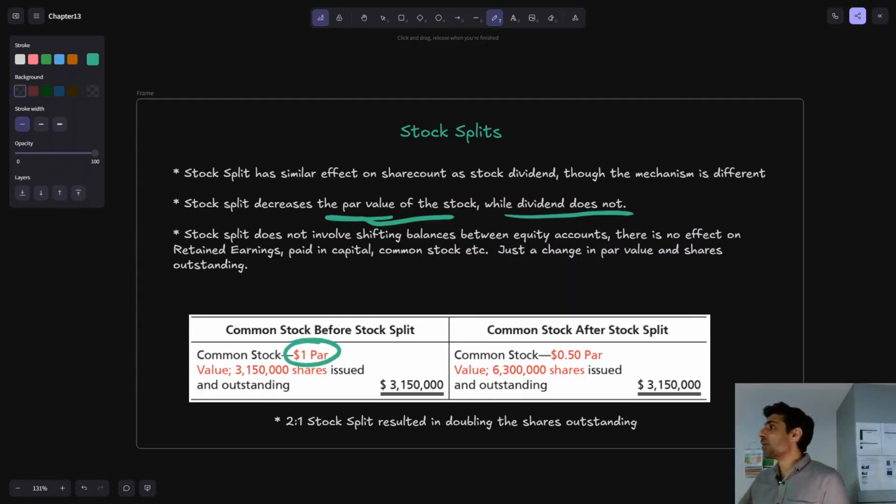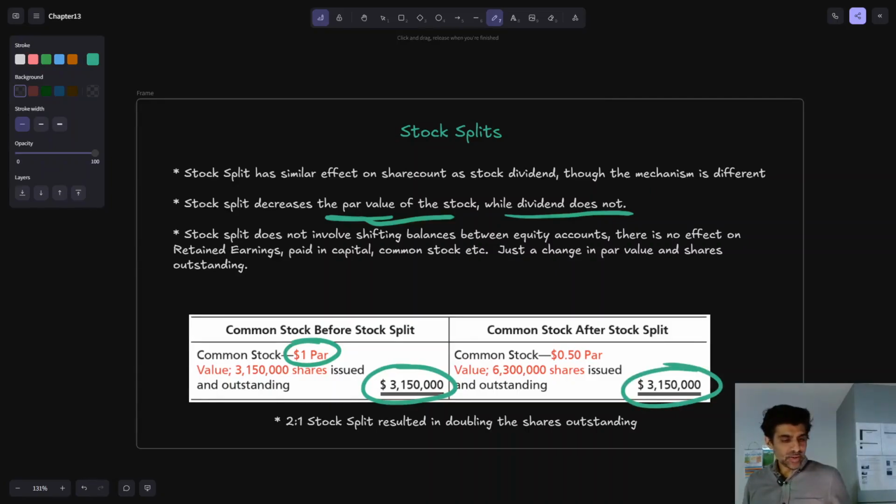Okay. And again, if there's no par value, the technical way they do this, I'm not quite sure. We'd have to see. But you're basically not paying a dividend. You're just increasing the number of shares in a directly proportionate manner to who owns what. So if you owned 100 shares and there's a 2-for-1 split, you're going to have 200 shares now. You can see here that this balance does not change at all.